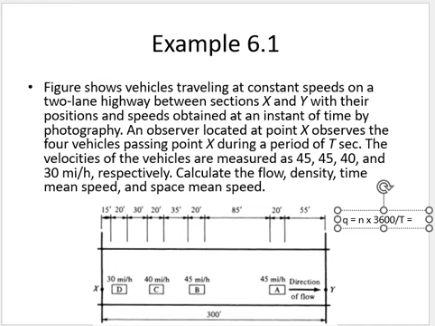So how much is N? Tell me. N is how much? 4. Okay, so 4 into 3600 upon T, whatever the T is.